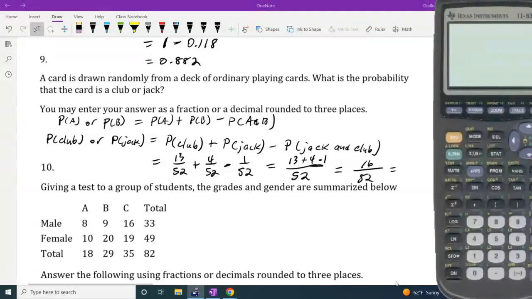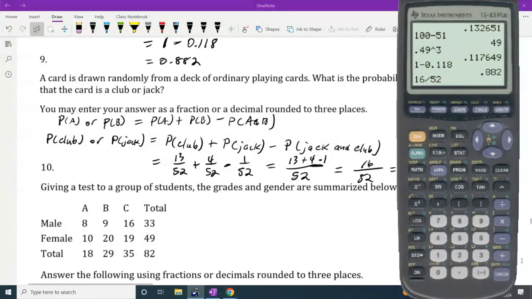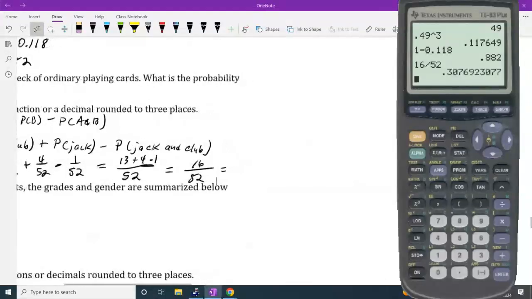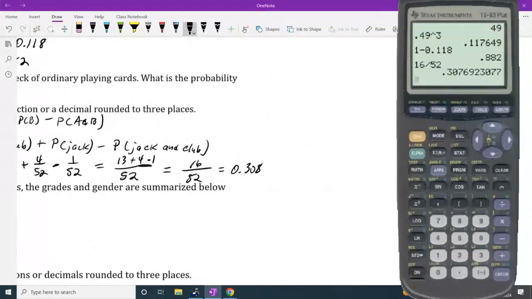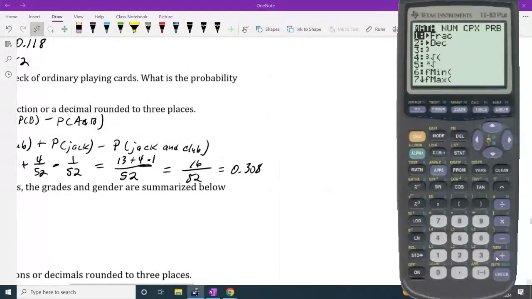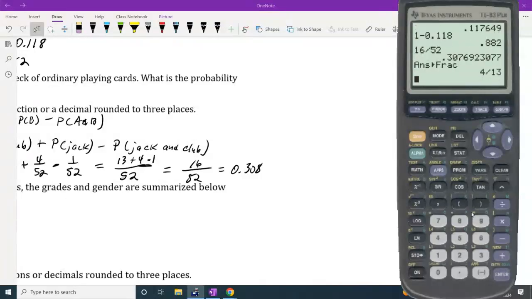And 16 over 52 is 0.308, rounded to 3 decimal places. If you wanted to answer that as a fraction, 4 over 13.